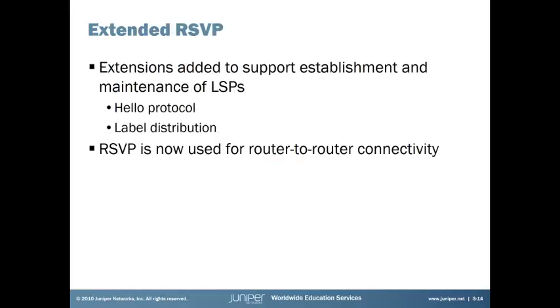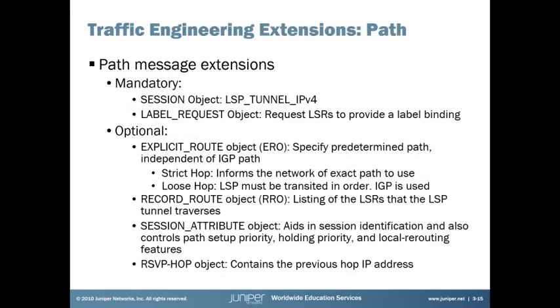So the extended RSVP, which has been extended for MPLS, has a hello protocol and label distribution information. It's now used for router-to-router connectivity. Path message extensions include a session object, so we have a tunnel, and a label request.